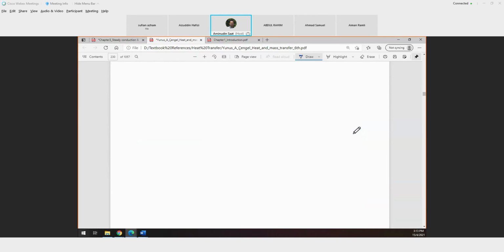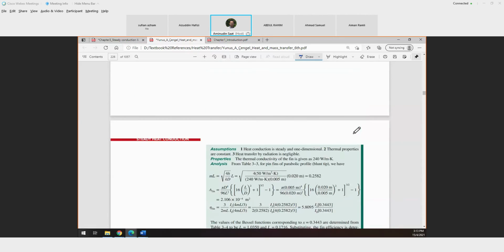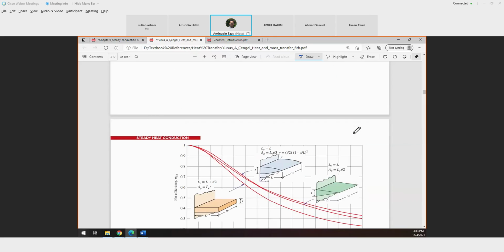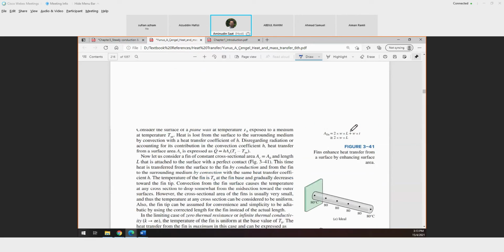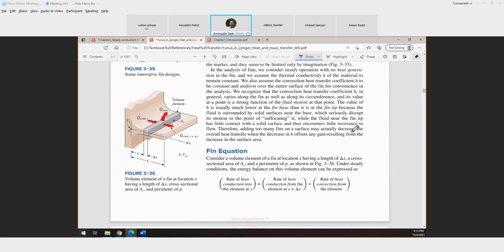Try to find some equation problem of conduction that neglects the radiation. So my rule of thumb, normally I compare the h value.